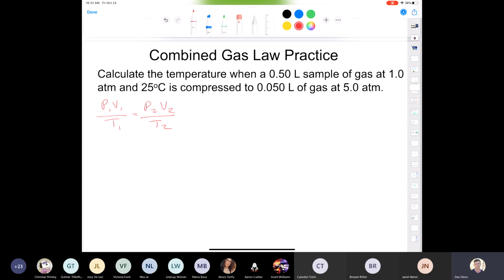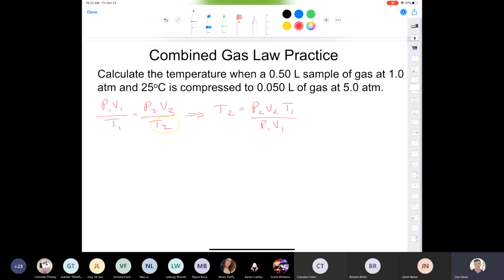So we're looking for T2, and we can rearrange our formula as T2 is equal to P2 times V2 times T1 divided by P1 times V1.